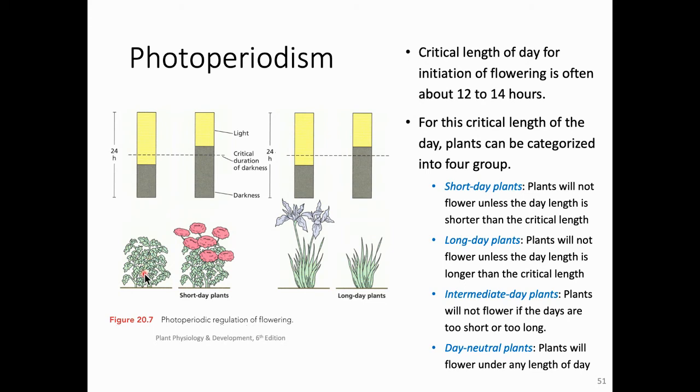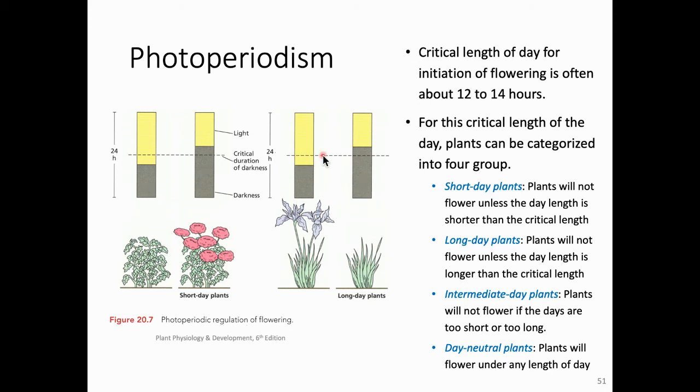We have generally short day plants. They will flower only when the light during the day is shorter than the critical day length. The long day plants, they will flower only when the duration of the day is longer than the critical day length.